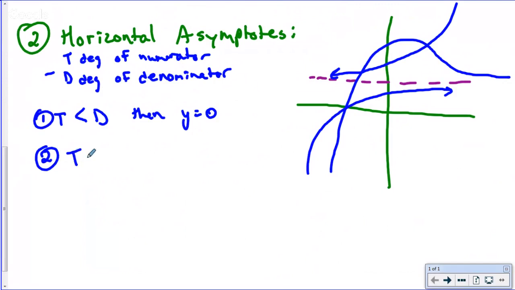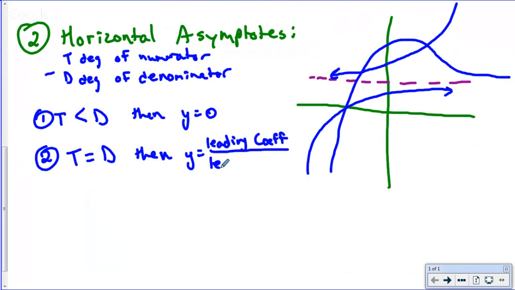Number 2, if the degrees are the same, then y equals your leading coefficients over each other. You'll take the leading coefficient of the top over the leading coefficient of the bottom, and that will be your horizontal asymptote.